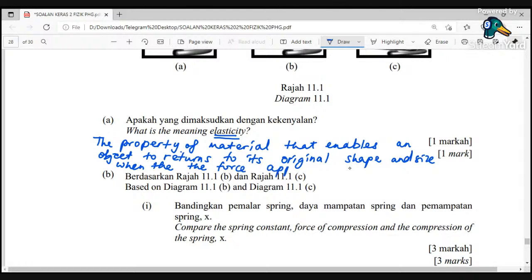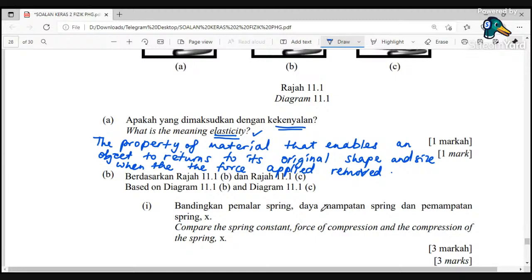Dia boleh kembali ke saiz dan bentuk asal apabila daya yang dikenakan dialihkan. Macam getah rubber band dia boleh balik kepada panjang asal atau bentuk asal. Jadi sifat bahan tu kita panggil elasticity atau kekenyalan.